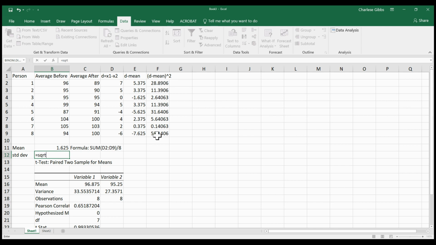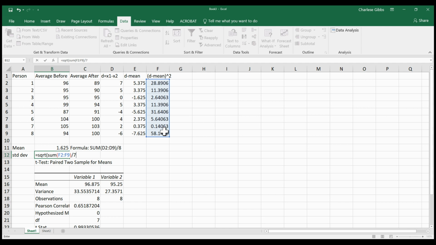So square root of the sum, and this is for those people again who are using Excel. So square root of the sum of the squares divided by 7.